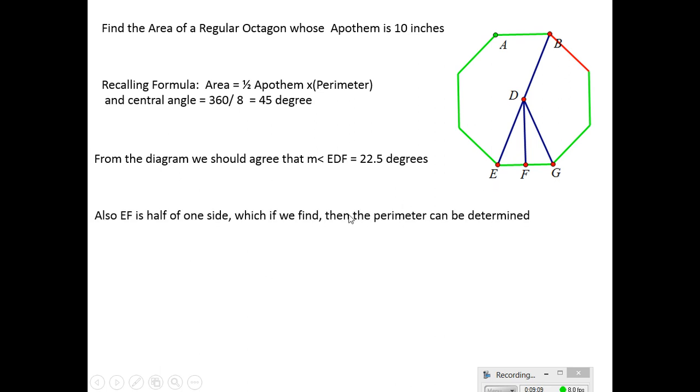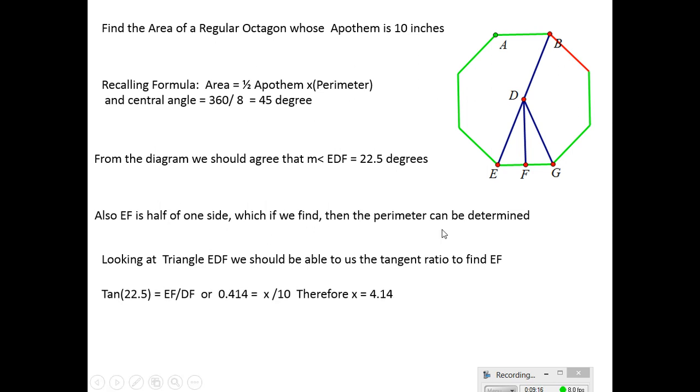All right, so that's what we've reasoned right here. We look at the triangle EDF. We recognize again the tangent of the angle EDF. The tangent of 22.5 is equal to EF over the apothem of 10. So tangent of 22.5 is EF over DF.